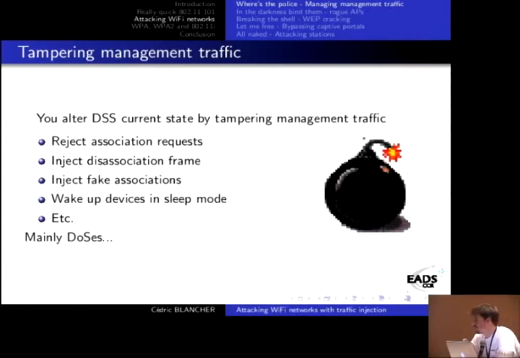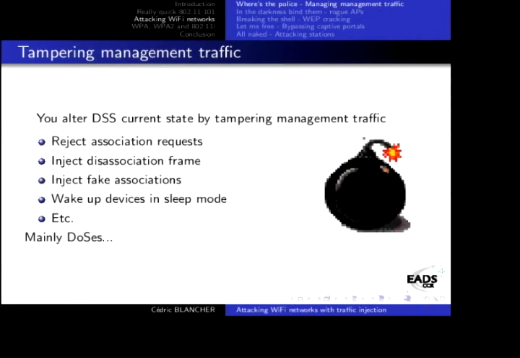Because management traffic is responsible for keeping associations, it's really easy to mount denial of service on a wireless network. You can just reject association requests: a station wants to get associated, and you just answer faster than the access point.